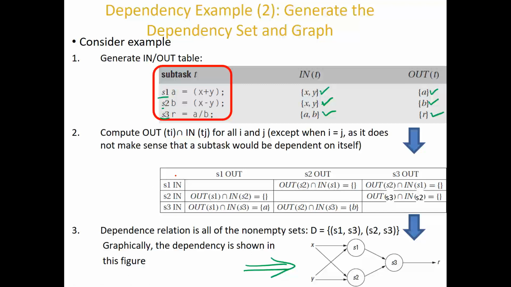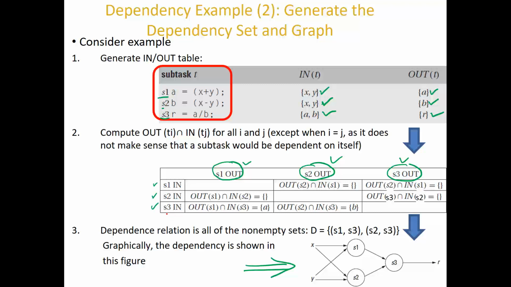Now I list a table where I have the outputs of instructions S1, S2, and S3, and the inputs for instructions S1, S2, and S3, and I try to do the intersection.